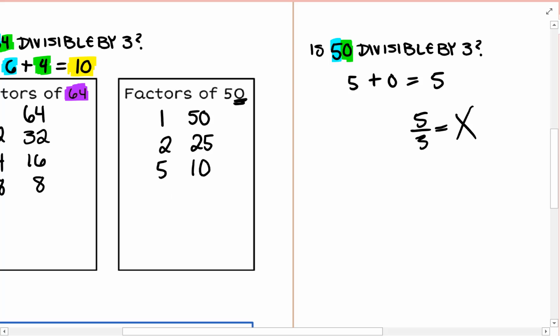And 7 goes into 49. 7 doesn't go into 50. 8, I don't think 8 goes into 50. 8 times 7 is 56, so no, 8's not going to go into 50. 9, does the sum of the digits divide by 9? No, so 9 does not go in. 10, 10's already listed, therefore I am done.